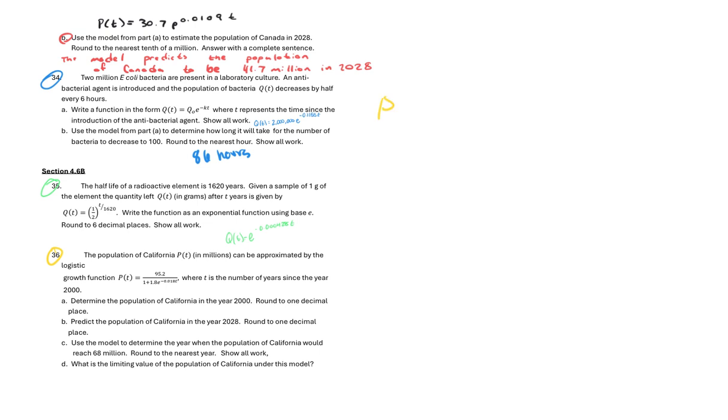So in function notation, that'll be P of 0, because it's been 0 years since the year 2000, is equal to 95.2 over 1 plus 1.8 e to the negative 0.018 times 0. Plug that into the calculator, you'll get 34. And then this will be 34 million people.